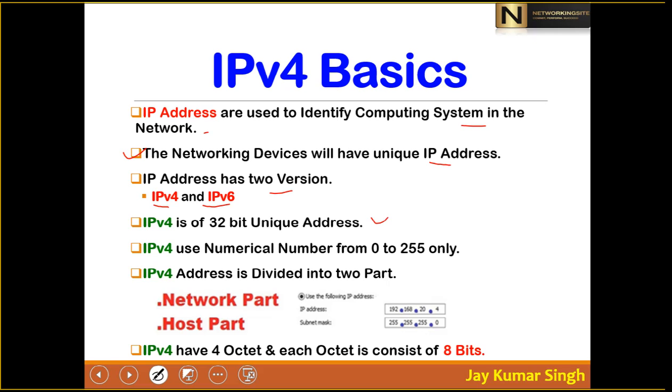IPv4 is a 32-bit unique address. 32-bit unique address means you will never find repetition of the address when we are talking about the entire IPv4 address. All is unique. IPv4 uses numerical numbers from 0 to 255 only. IPv4 address is divided into two parts: network part and host part. This is important.